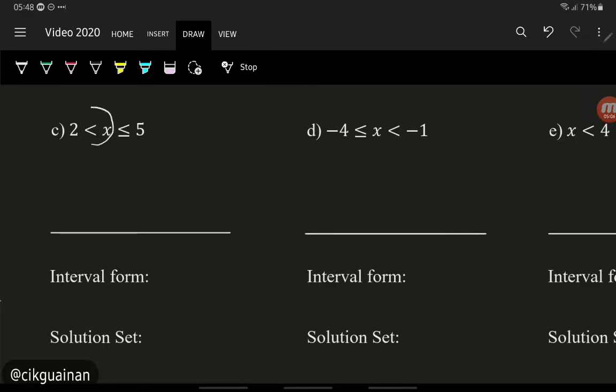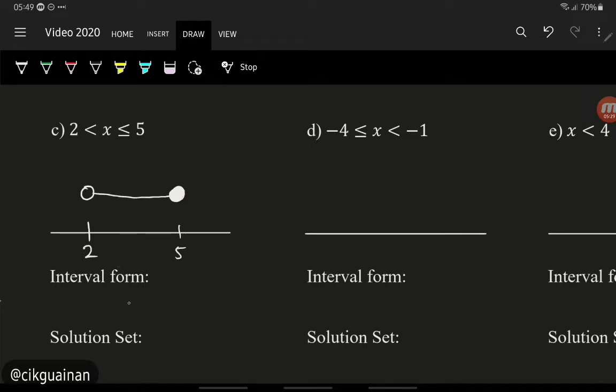Now let's go for the next one. Oh wait, put the number first, 2 and 5. So 2 over here, 5 over here. And then what about this inequality? Not included, open circle. This one included, dense circle. Sketch everything, put inside, and then connect them both.